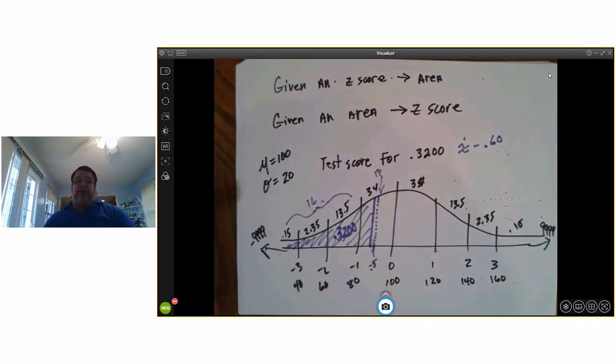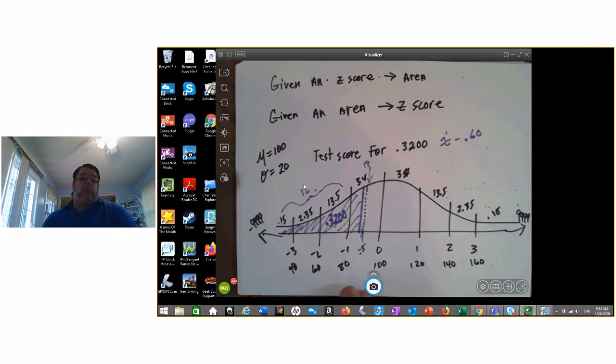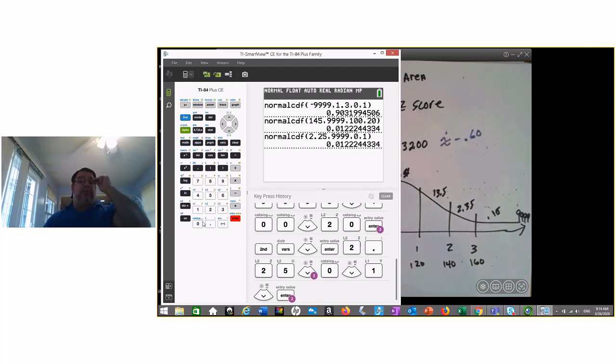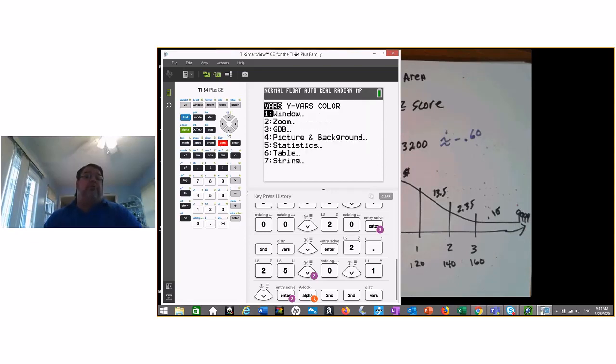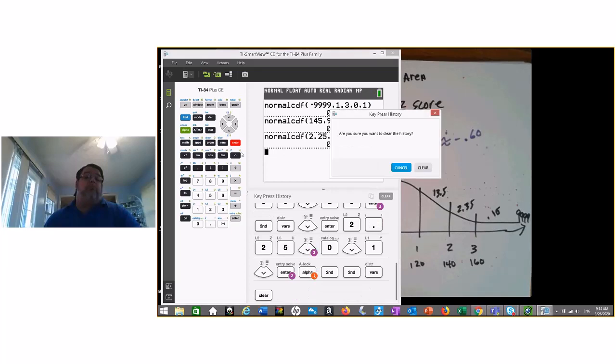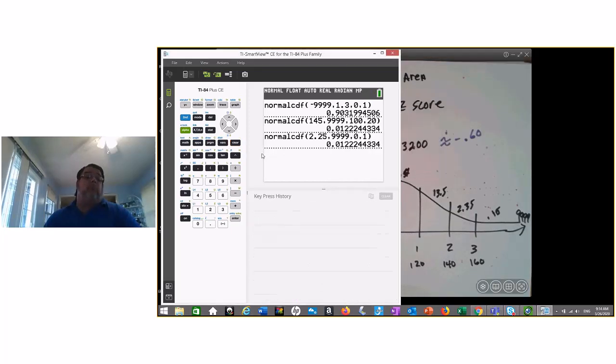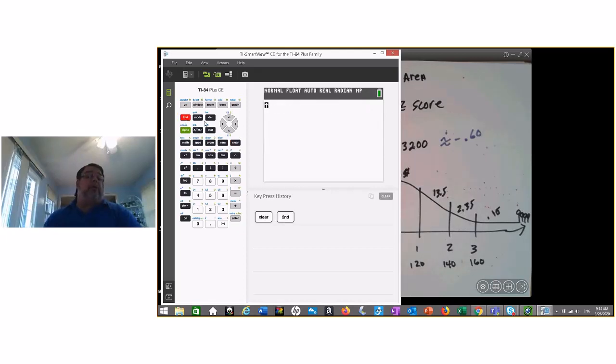Well, what do we do? Go to your handy dandy calculator, and write this down. Second, bars, and you want to find inverse norm. I'm going to let y'all type it because I can't type worth a flip right now.